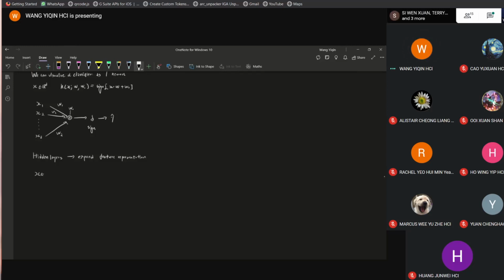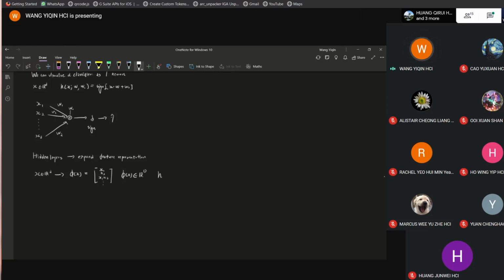So your x goes into the feature transformation function, which gives you x1, x2, and so on. This resulting thing is going to have a specific dimension that's larger than the original dimension. So you project it to a higher dimensionality, which allows you to perform nonlinear regression and nonlinear classification.